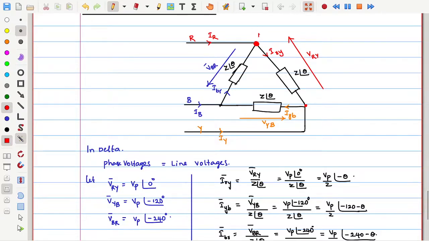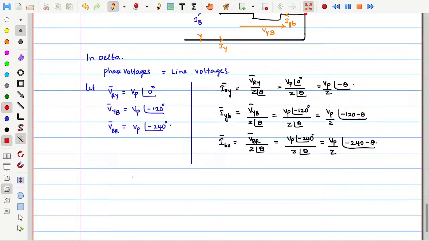So at this node, let us say N1, IR and IBR are entering, leaving current is IRY. So can I write IR is equal to IRY minus IBR? So IR is equal to IRY minus IBR.